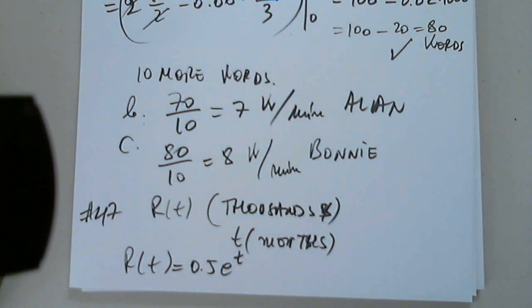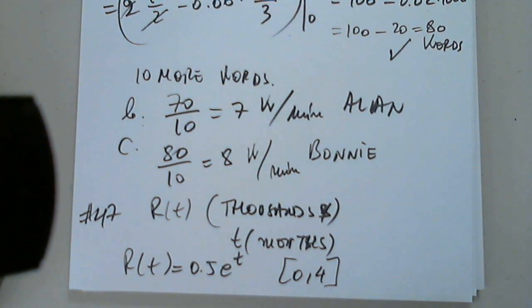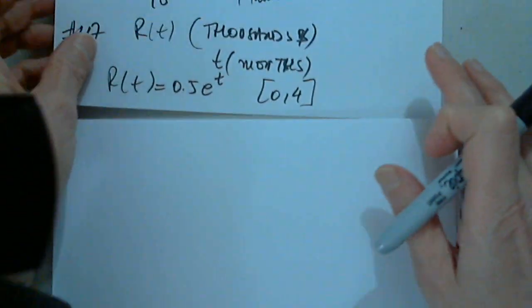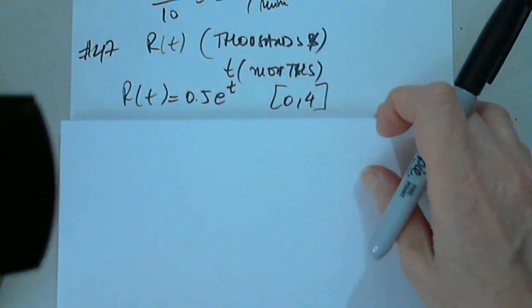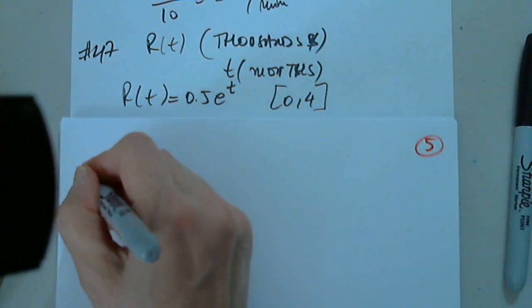Okay, find the average monthly revenue attributable to the site for the first 4 months of the operation. How do we find this? By using the formula of average? Yes, indeed.